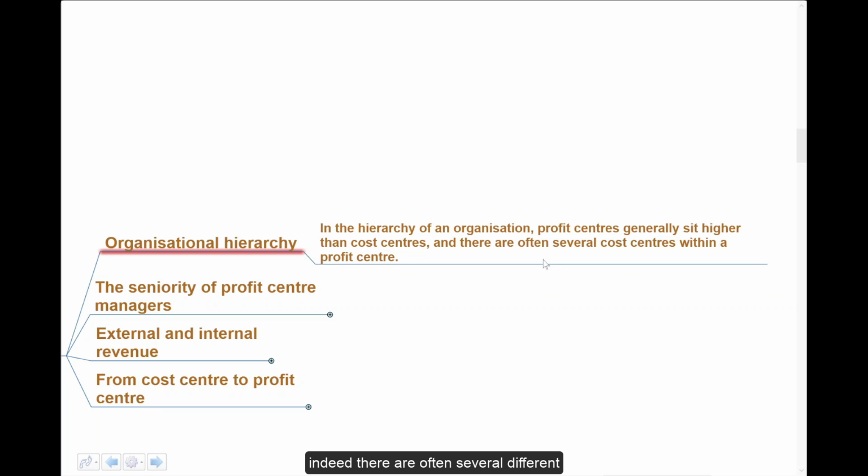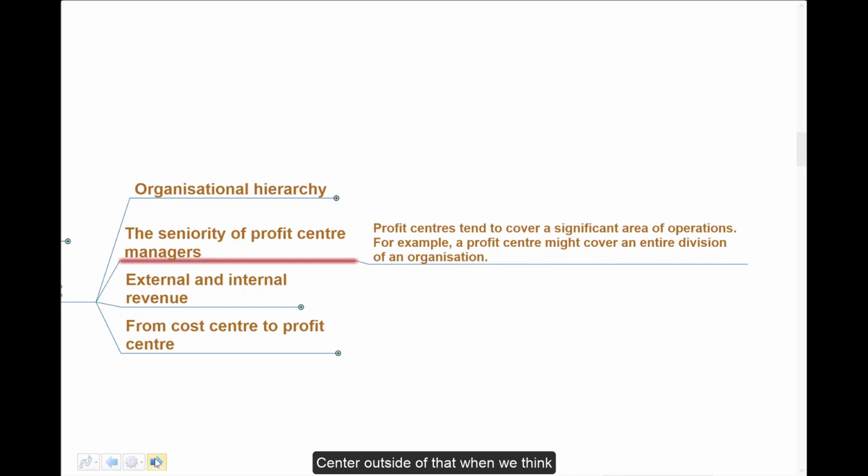And indeed, there are often several different cost centers within a given profit center. Outside of that, when we think about managers, or indeed the seniority of profit center managers, it's highly likely that profit centers cover a significant area of operations because obviously they're profit driven. So it could be an entire division, let's say, or in part, a large part of an organization.